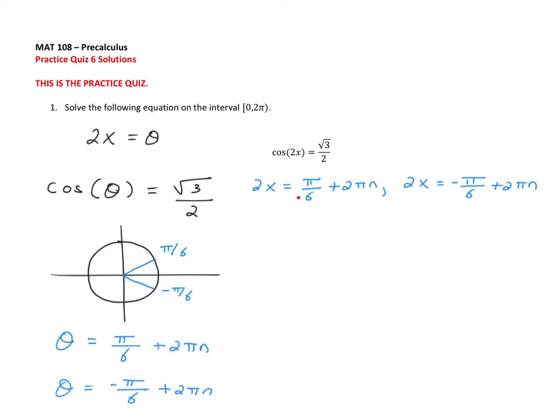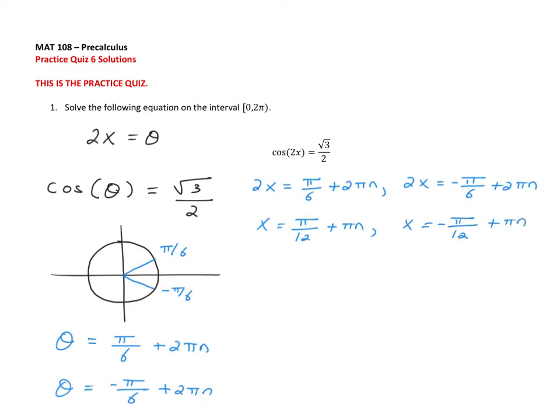If I divide by 2 here, it'll put a 2 in the denominator, making this a 12. And if I divide this by 2, it'll cancel the 2, leaving me with pi n. And the same thing happens over here. This equation becomes the following. X is equal to pi over 12 plus pi n. In the second equation, you get that x is equal to negative pi over 12 plus pi n.